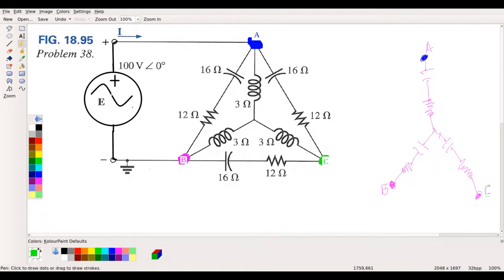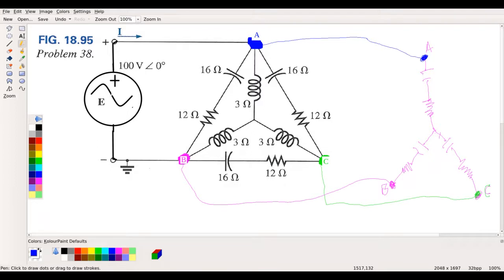So point C would be connected, then point B would be connected, and point A would be connected.